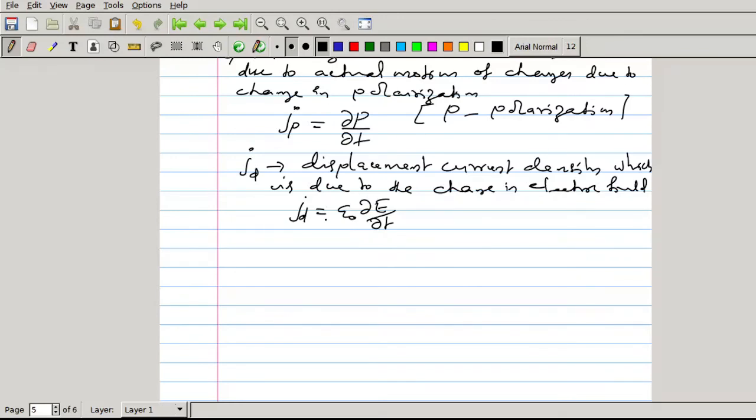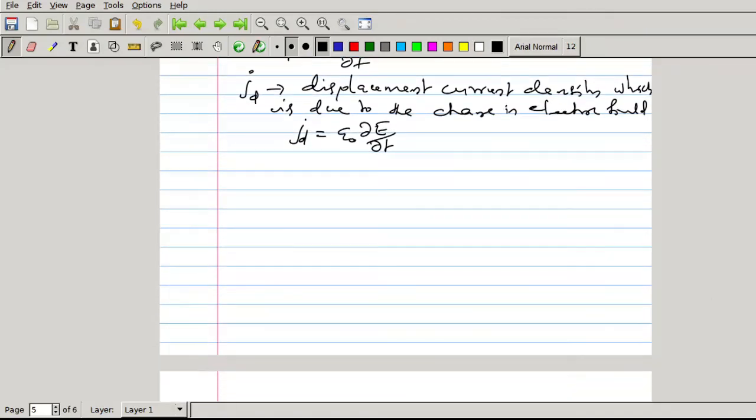Maxwell introduced the term epsilon 0 dou E by dou T in addition to the three current densities. For my convenience, I am writing this J_D, and later I will redefine that term.